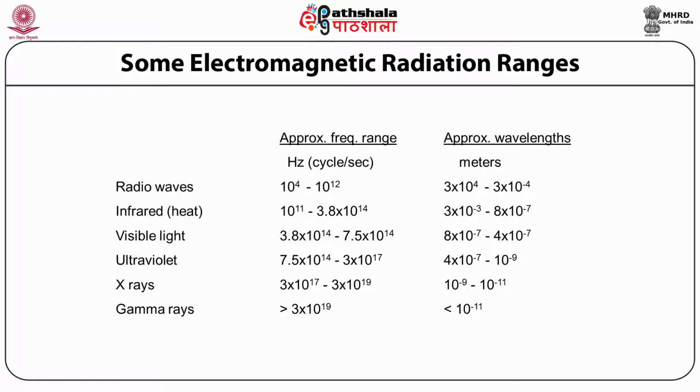The infrared has a frequency in the range of 10 to the power 11 to 10 to the power 14, and its wavelength ranges from 10 to the power minus 3 to 10 to the power minus 7.